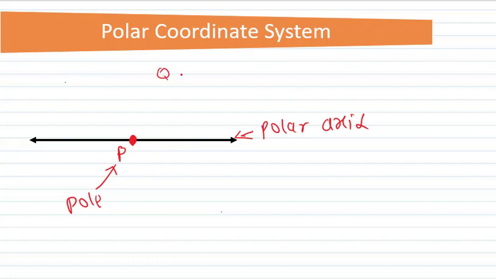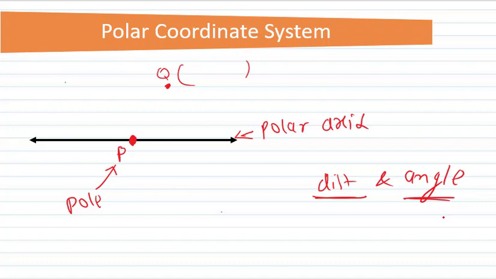Let's suppose there is a point Q. I want to locate this point by using pole and polar axis, that is in polar coordinate system. Okay. So here you need to remember, to locate any point in polar coordinate system, you are going to use two terms, that is distance and angle. Now let's see which distance and which angle we are going to use.